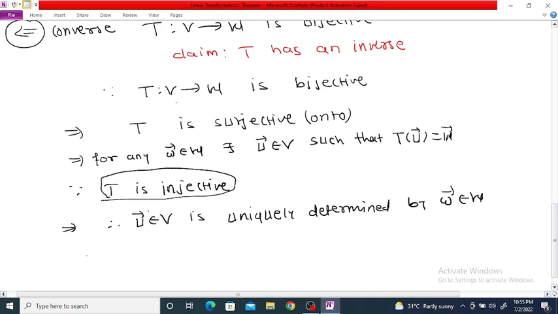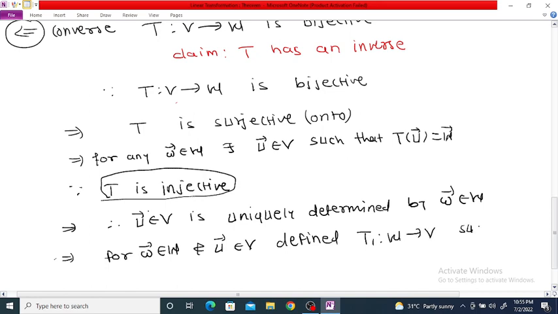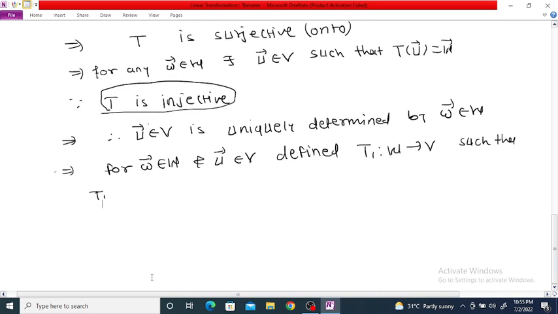Now for this W bar belongs to W and U bar belongs to V, define T1 as a mapping from W to V such that T1 of W bar is equal to U bar.